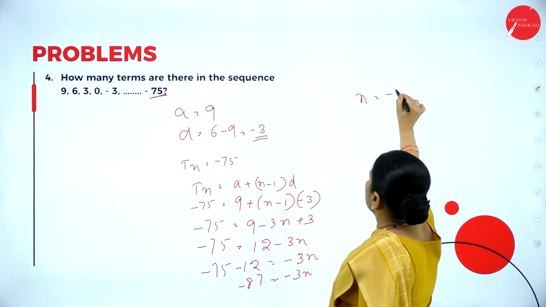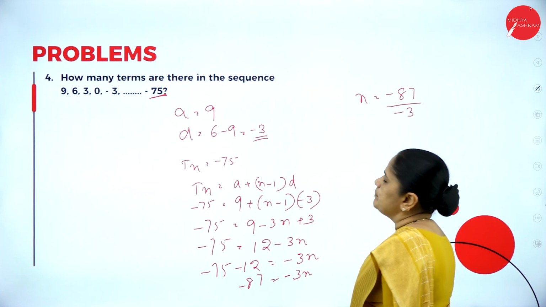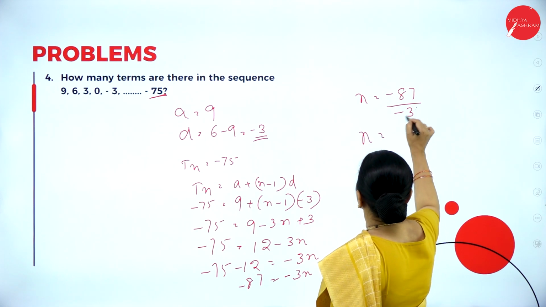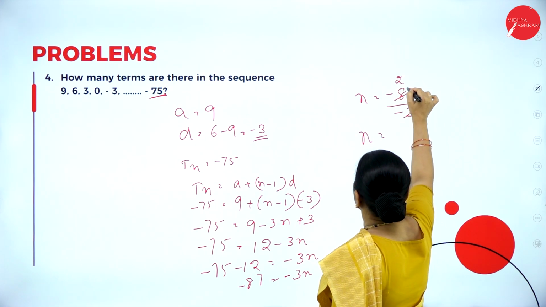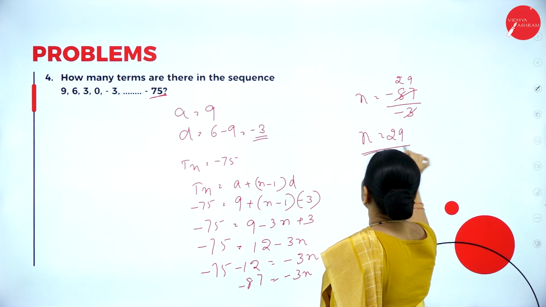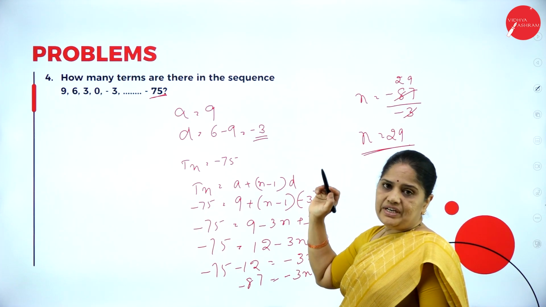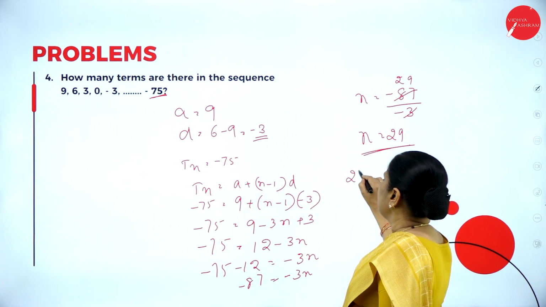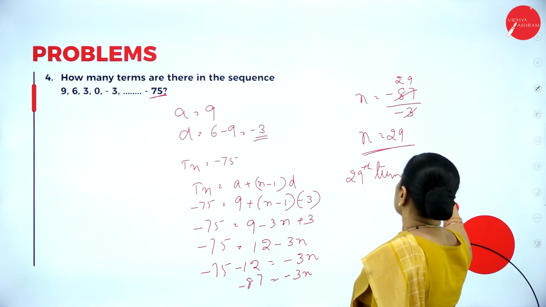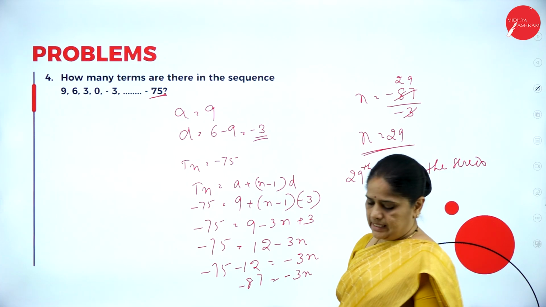N will be equal to minus 87 divided by minus 3. Now when we simplify this, 3 2s are 6, 3 9s are 27. So n equals 29, that is the answer. So minus 75 is the 29th term of the series.